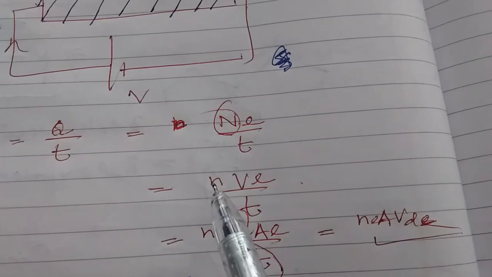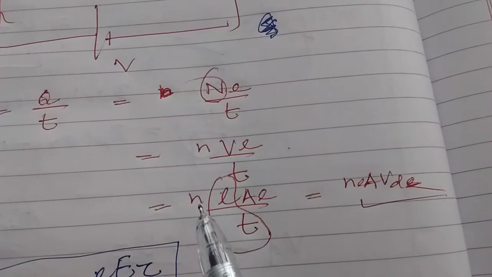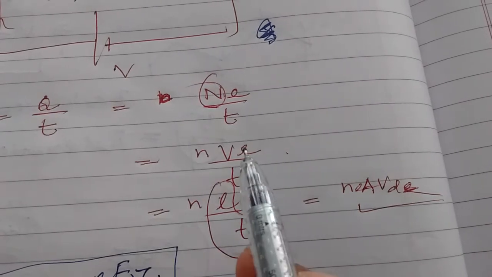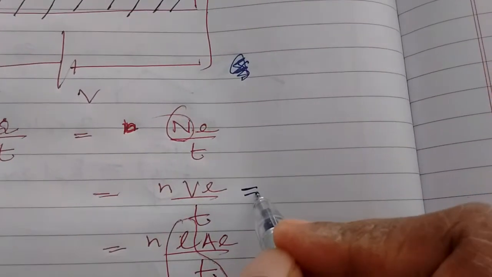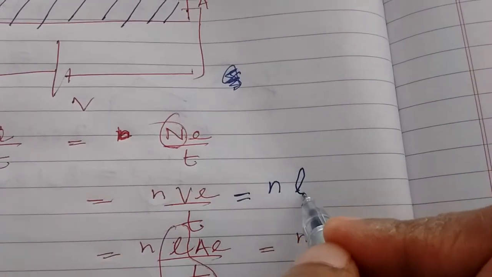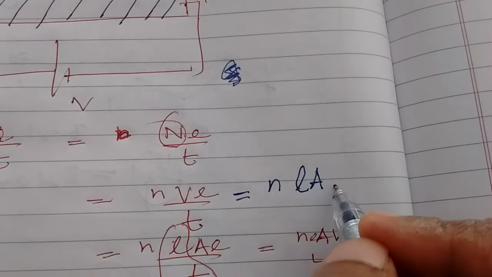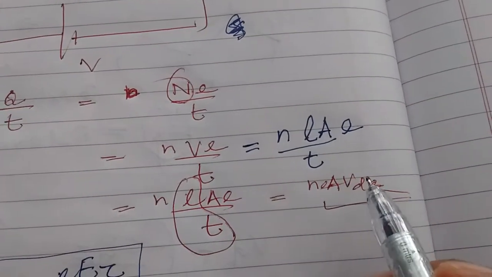Okay, so I equals NVE by T. Now NV, what is V? V is volume, so I can write here volume as length into cross sectional area, into E by T.